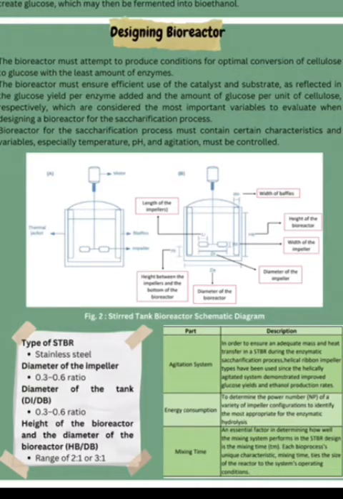The bioreactor must ensure efficient use of the catalyst and substrates, in terms of glucose yield per enzyme and the amount of glucose per unit of cellulose, which are considered the most important variables to evaluate when designing a bioreactor for the saccharification process.